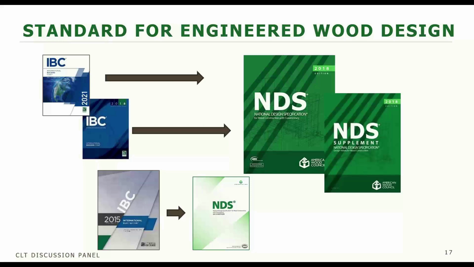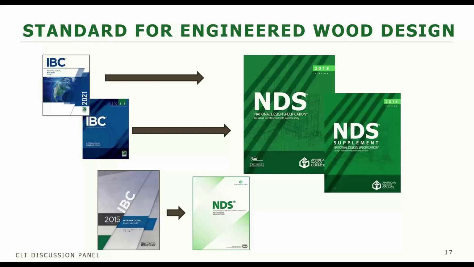So historically, the 2015 IBC recognized cross-laminated timber. That 2015 IBC referenced the 2015 NDS. In 2018, we updated some things and added some material, and you'll see the CLT chapter in the 2018 NDS did indeed grow from 2015.